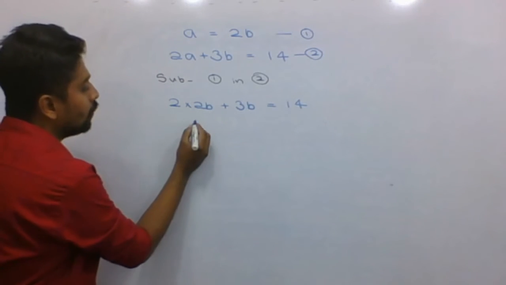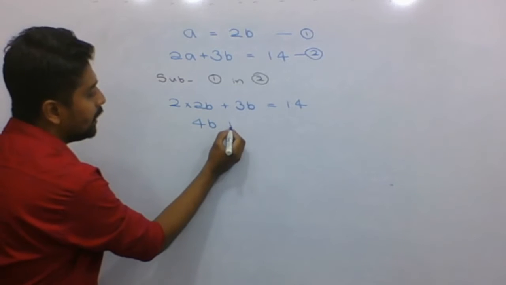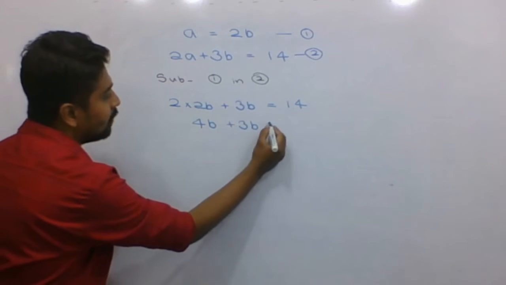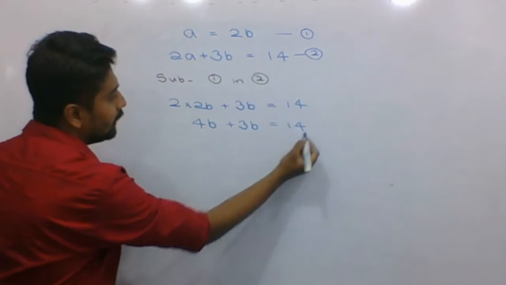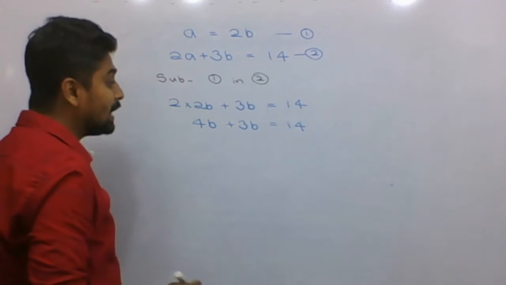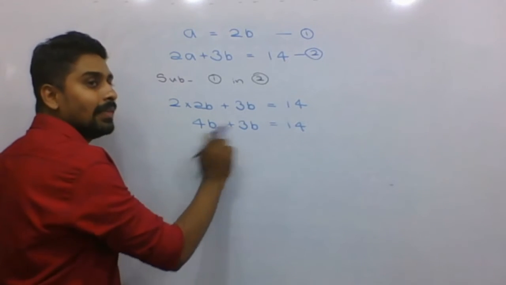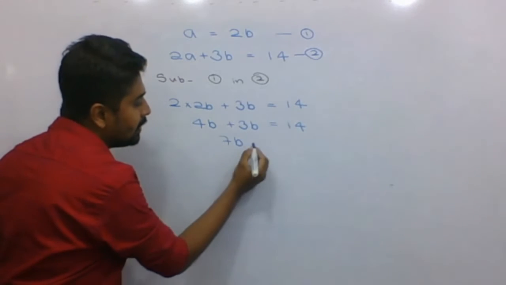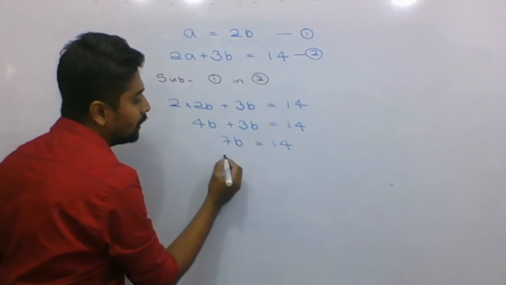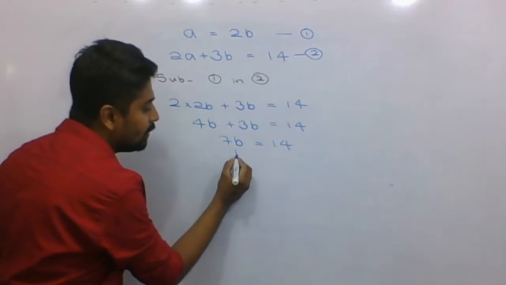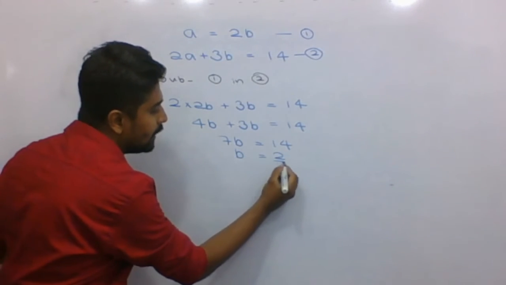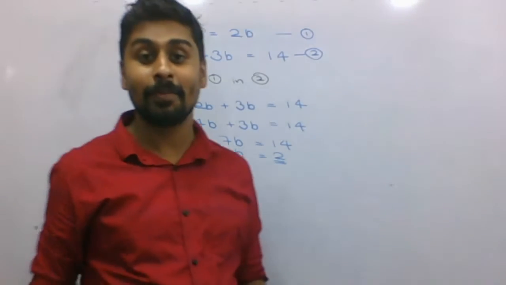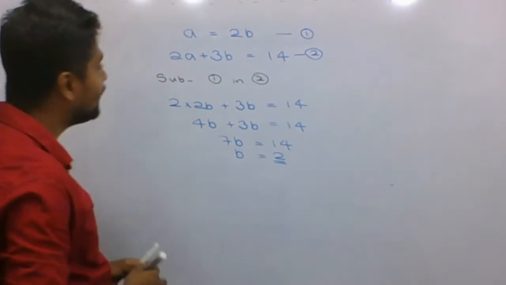Then 2 into 2, 4b. 4b plus 3b equal 14. ඔයාලා කලින් method එකට වඩා මේ method එක කොච්චර ලේසිද බලන්න. Only b is there. Replace කරානේ. Then finally this becomes what? 7b equal what? 14. Divide both sides by 7. Then b equal what? b equal 2. What's the value of b? It is 2. Then you can find the a value.